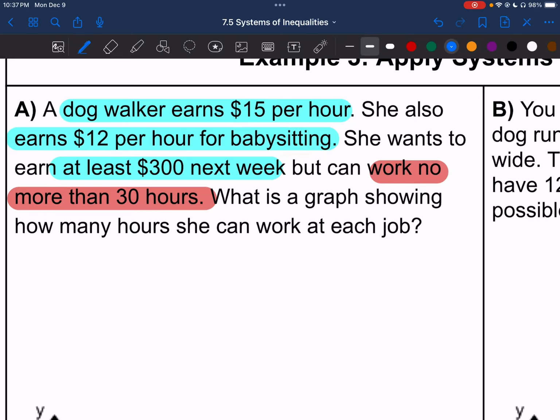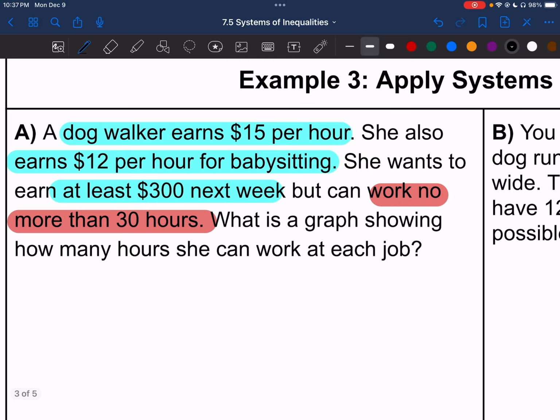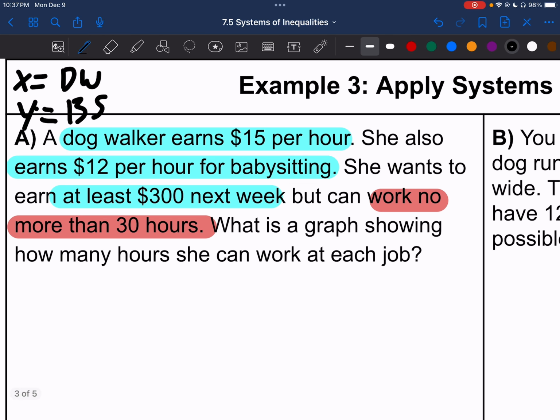Now, what I always want to do when I do a word problem is I want to define my variables. So I'm going to say that x is dog walking. We'll just abbreviate that DW. And y is going to be babysitting, BS. All right, so if x is dog walking, we're going to have 15 times x plus $12 for babysitting times y.